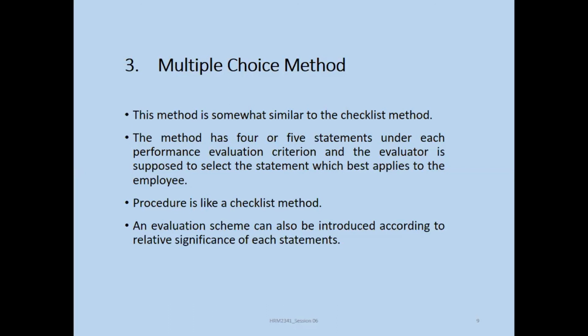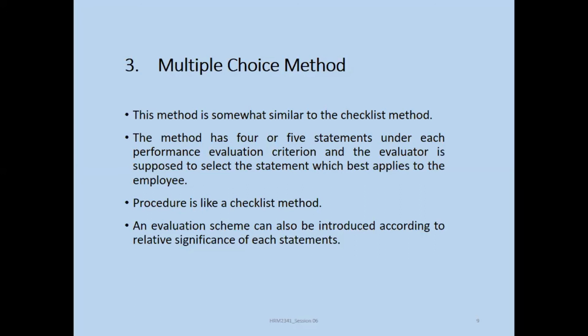Multiple choice method, as the term suggests, gives multiple options for the evaluator to choose from. This method is somewhat similar to the checklist method, but under the checklist there are two options, yes or no. Most of the time, you put a right mark or a cross mark.